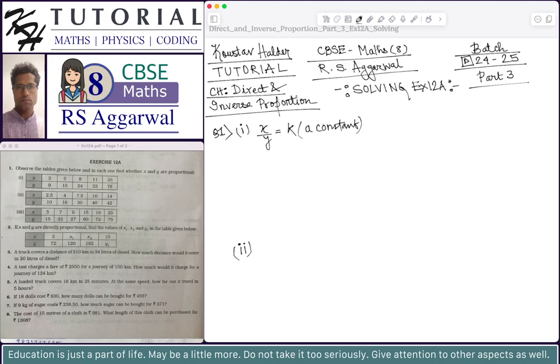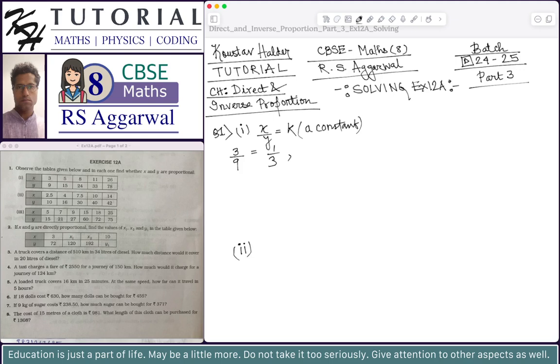So let's see, for the corresponding values 3 and 9, the ratio is 3 by 9, which is equal to 1 by 3. So definitely the constant k must be equal to 1 by 3.